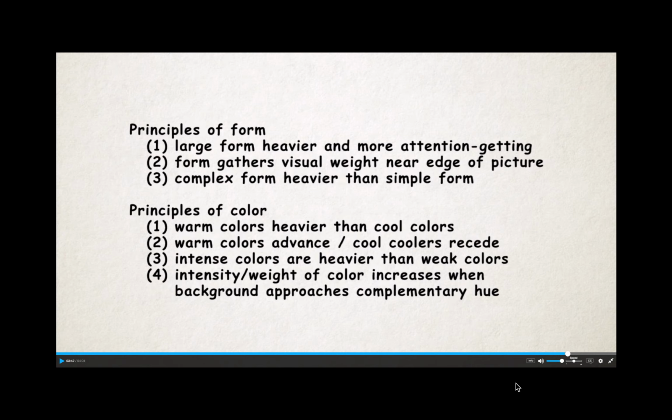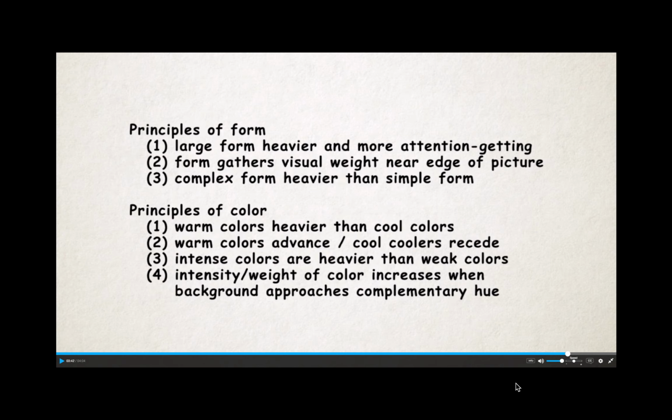Rhythm works with emphasis. If there are two or more points of emphasis, an artwork has rhythm, because rhythm is literally how your eyes move through the work. And the artist gets you to move through the work through those points of emphasis. You're drawn to one place, and then you're drawn to another, and then you're drawn to another, and now you've moved through the work. And that's literally what rhythm is.